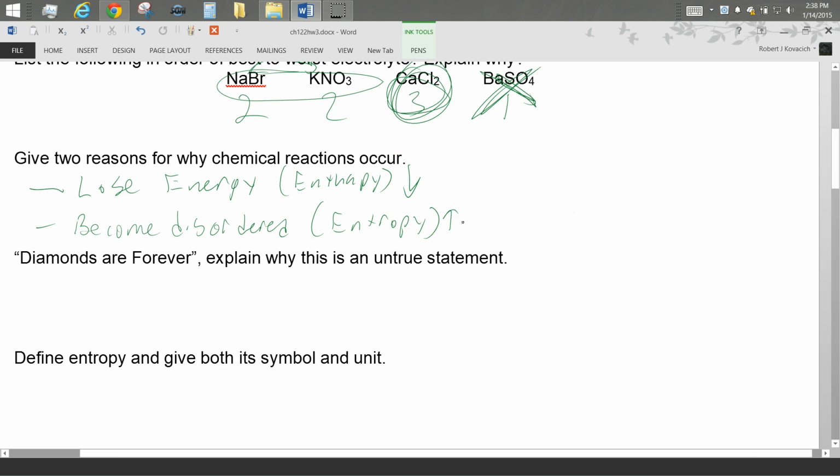The diamonds are forever, what's wrong with that? Though they're forever maybe in our lifetime, eventually it's just carbon. It starts out very orderly, so it's going to break down into a different substructure. It's got graphite.